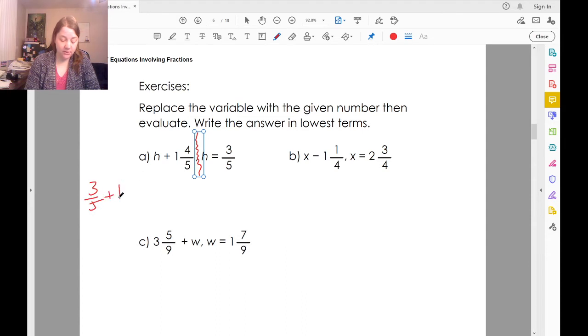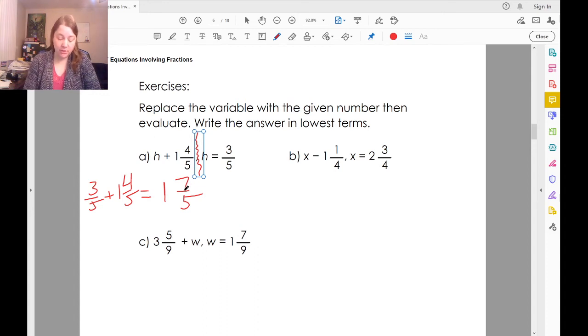3/5 plus 1 and 4/5. So that means that I'm going to have 3/5 plus 4/5. That's going to be 7/5 with 1 whole in there as well, because we're also adding that 1 and there's nothing over here. Well, 7/5 is the same thing as saying 1 and 2/5.